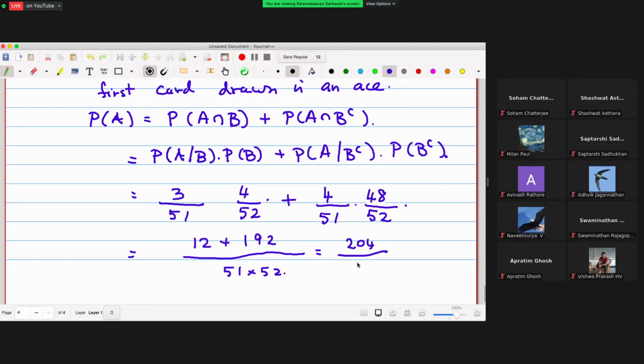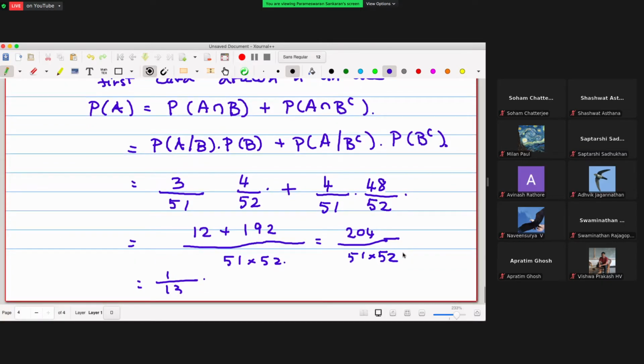Sir, it simplifies to 1 by 13. Oh, I see. Okay, you can simplify it, I suppose. All right, so you can simplify this, this 51 and 52, this 100 and 204. I was not simplifying. Okay, you people can do this better.